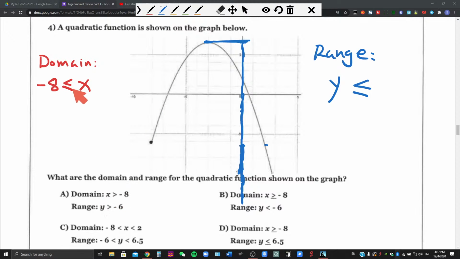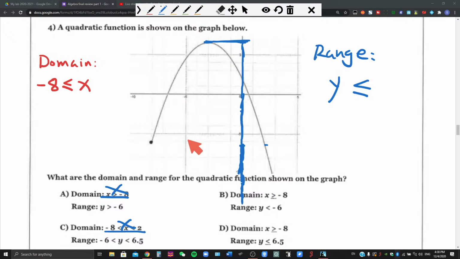We know domain is greater than or equal to negative 8. So A is wrong, and C is wrong. Therefore, we have B and D. They have the correct domain. Let's check the options for the range. For B, it says the range is negative 6.